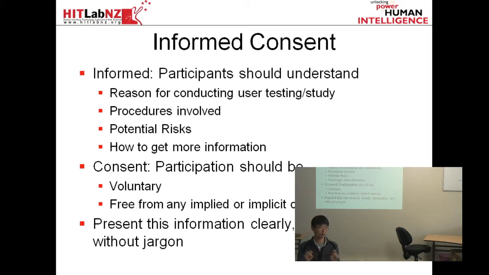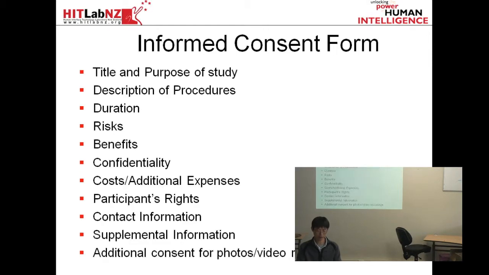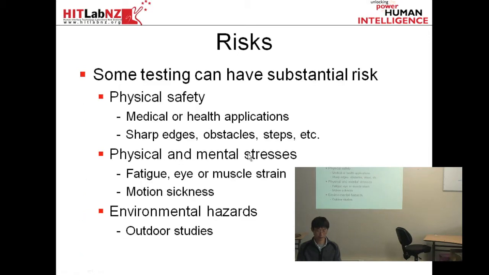Make sure your font is readable and without any jargon. So make sure people can easily understand them. And this is a typical content inside the informed consent. So title, purpose, and contact information, and so forth.